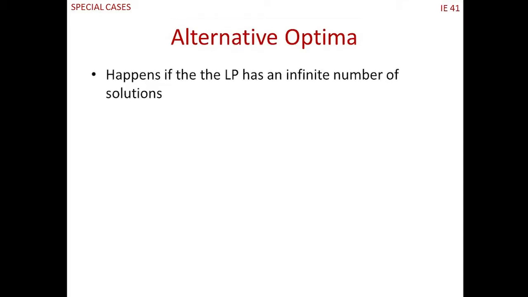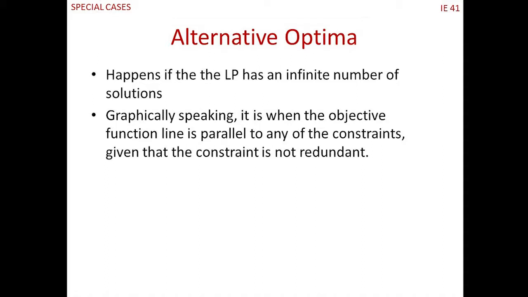Alternative optima. This happens if the LP has an infinite number of solutions. Graphically speaking, we can see this case when the objective function line, or the isoprofit line, is parallel to any of the constraints, given that the constraint is not redundant.